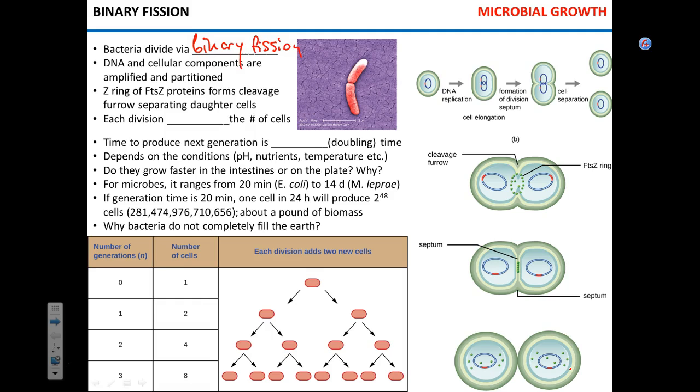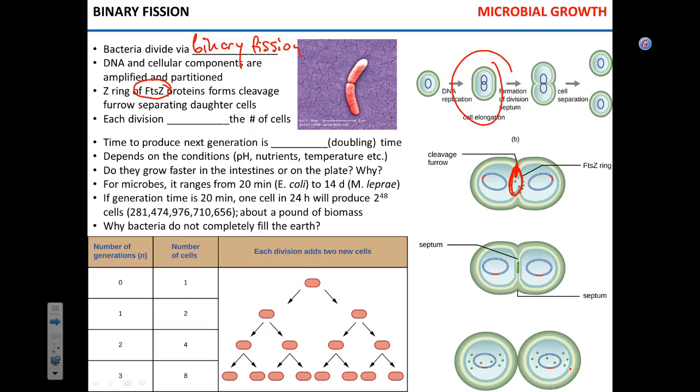Binary fission basically means that the bacterial cell replicates its DNA, becomes larger, and then the protein called FtsZ forms the Z-ring here at the cleavage furrow, okay?